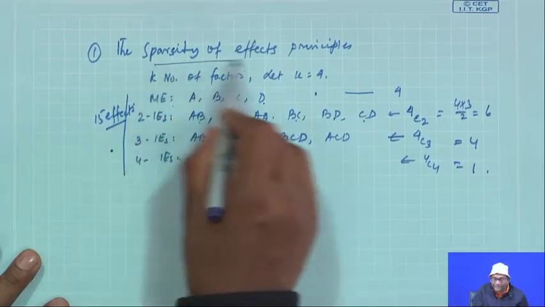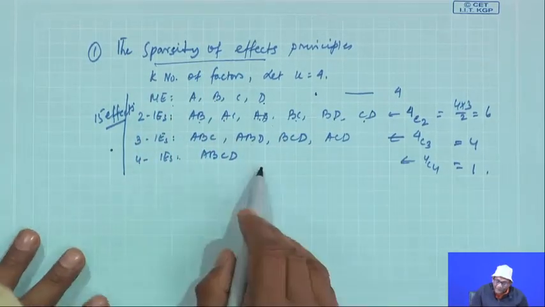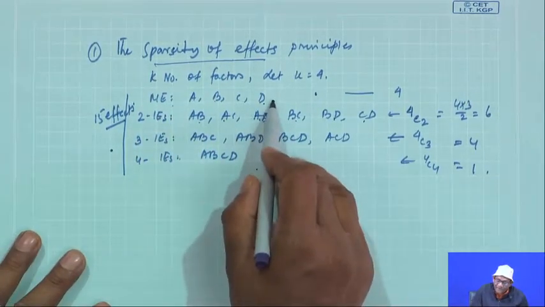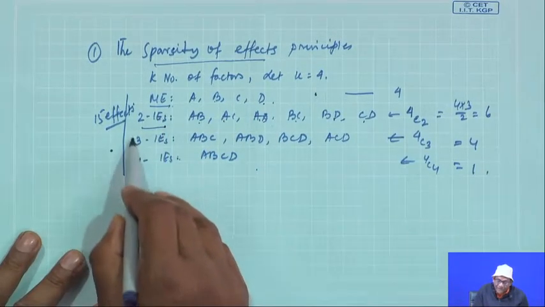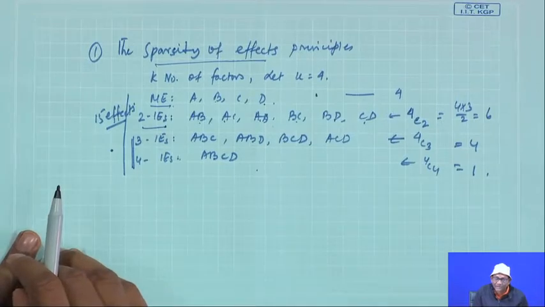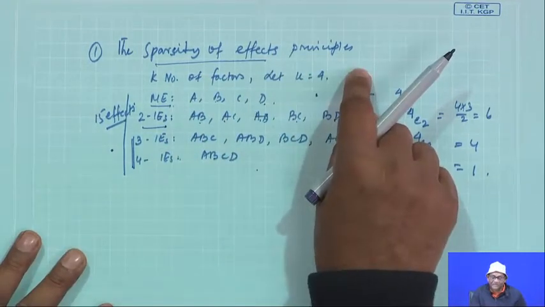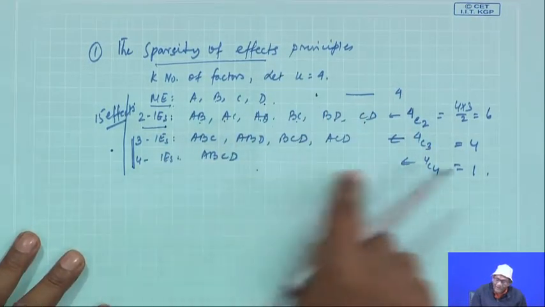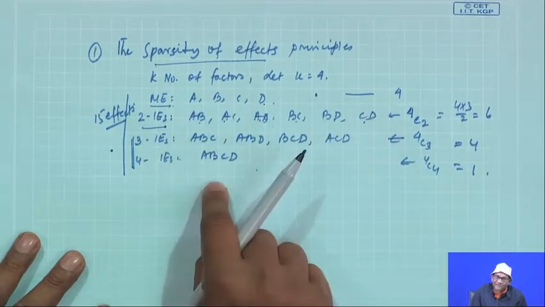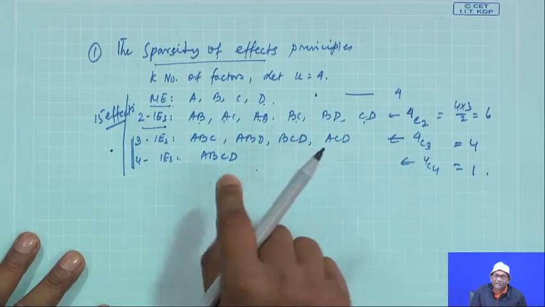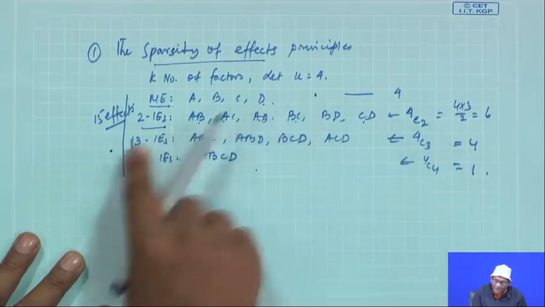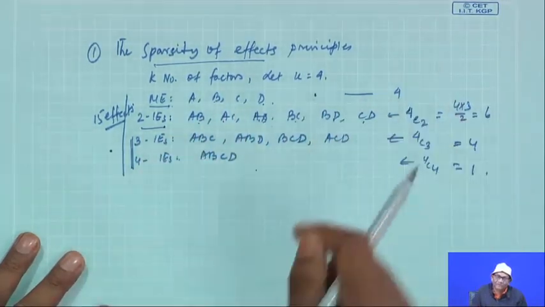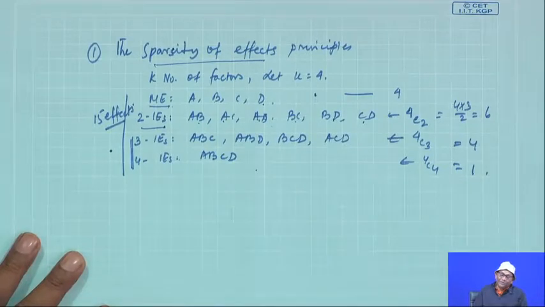So, there are 15 effects, some are lower order effects like main effects and lower order interaction effects, and then higher order interaction effects. The sparsity of effects principle says that in general the higher order interaction effects are negligible. What does it mean? The contribution of higher order interaction effects on the responses will become negligible.